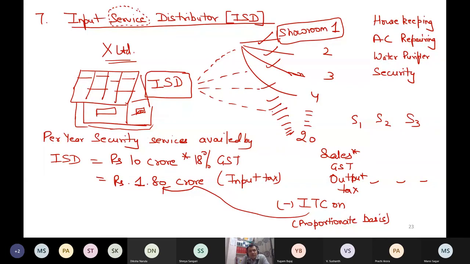So this is the point, that for the time being, till I discuss in detail the way of distribution amongst different retailers, since the input service distributor point was covered, I thought I should first tell you what an input service distributor actually is. Every input service distributor is supposed to take GST registration. If the concept of input service distributor is a little bit clear, please raise your hand.